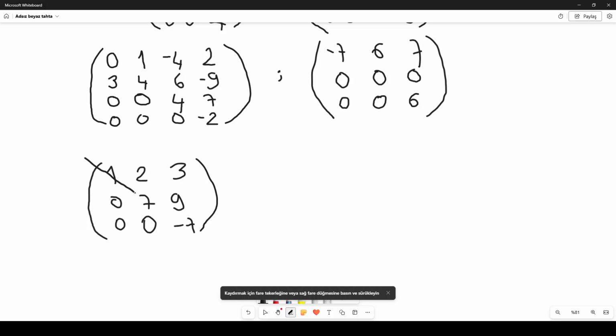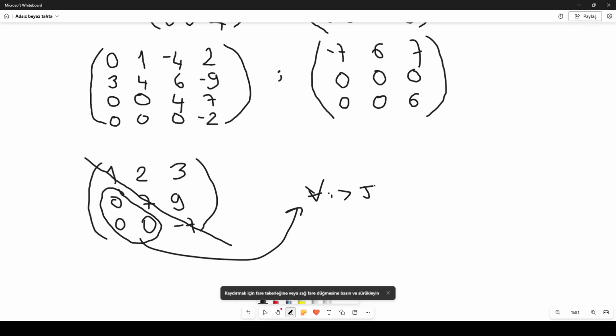Why is that? Because we know what the main diagonal is, and when we draw the line that represents the main diagonal, we look at the values right below it, and if they are all equal to zero, then this matrix is called an upper triangular matrix. Its technical definition is: for all i greater than j, if a_ij equals 0, then this matrix is said to be an upper triangular one.